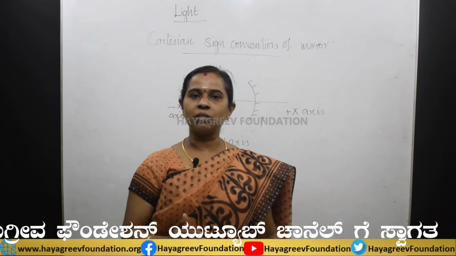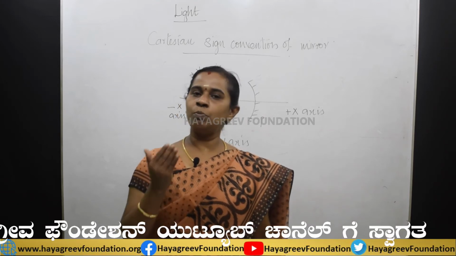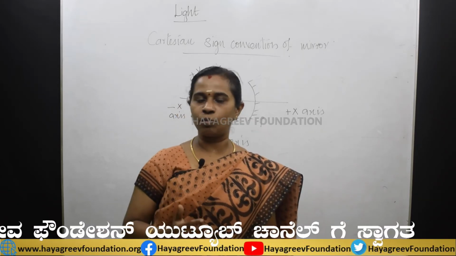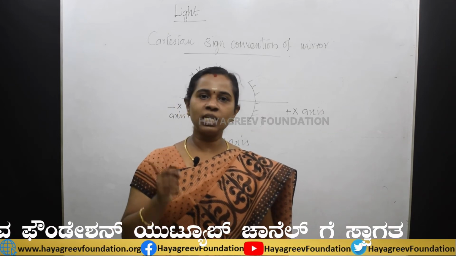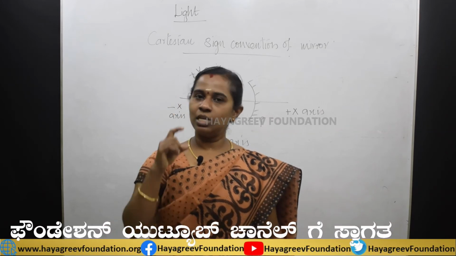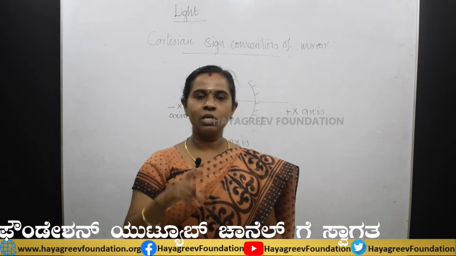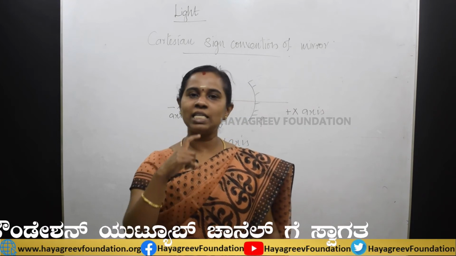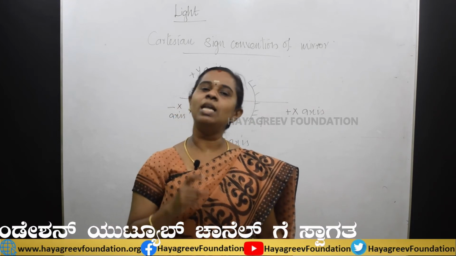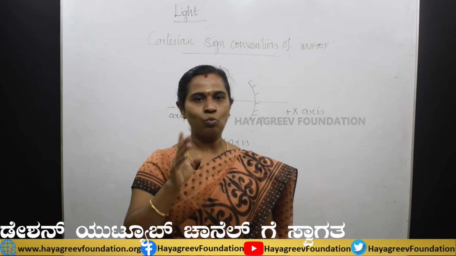But for spherical mirrors, it will differ by the position of the object and the position of the image. If the object is kept at C, the image is also formed at C. The object size and image size are both equal, so the magnification value is 1.